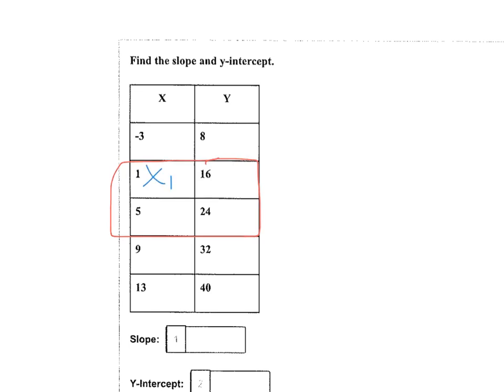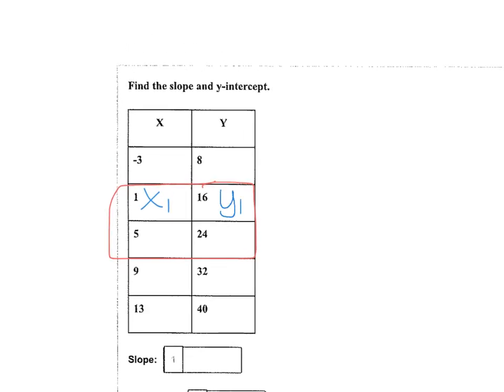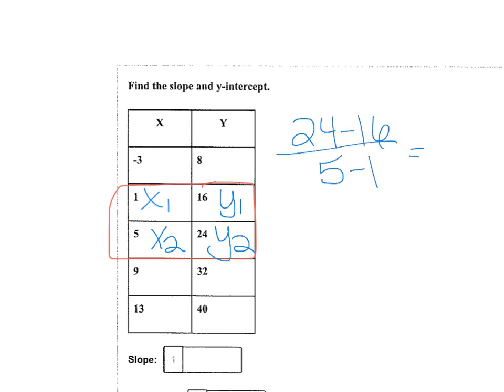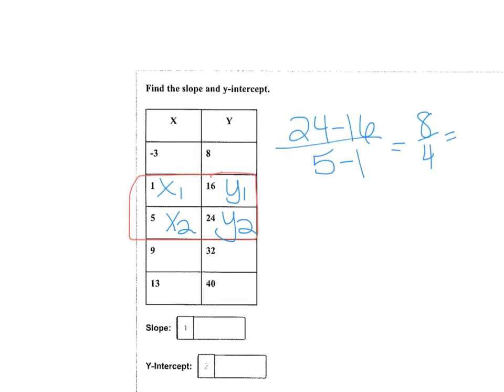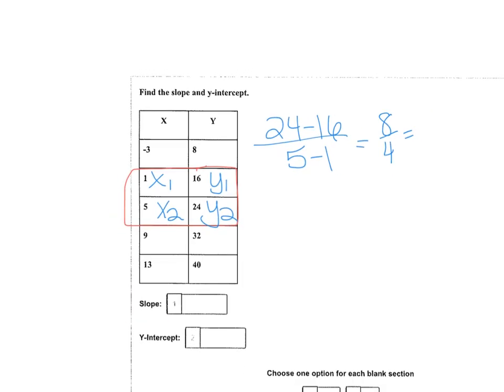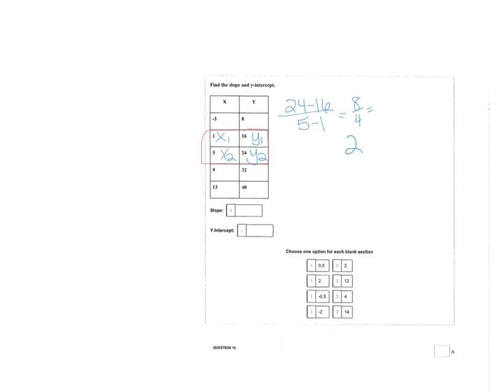So I've got x1, y1, x2, y2. I've got 24 minus 16 over 5 minus 1. 24 minus 16 is 8. 5 minus 1 is 4. 8 divided by 4 is 2. So my slope is 2.